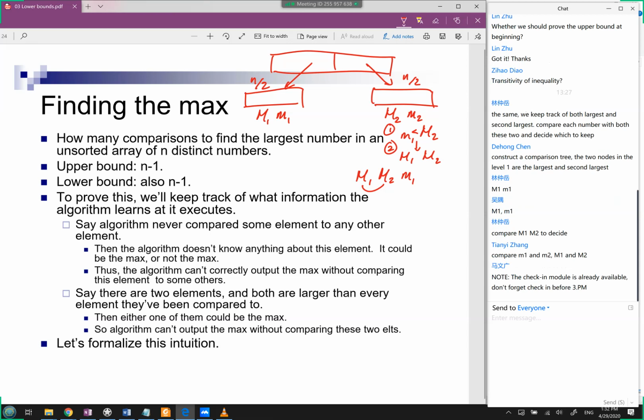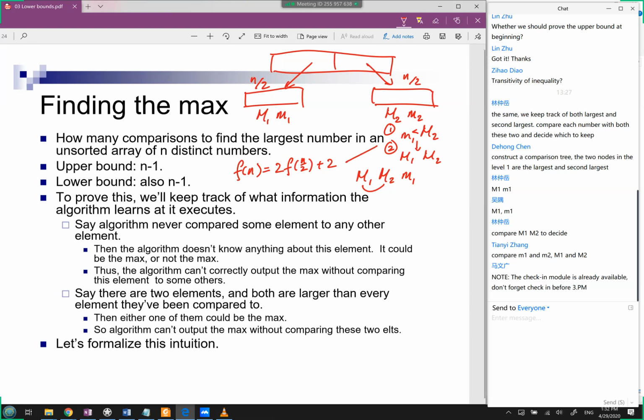Altogether, the complexity of this algorithm is something like this: if you have a list of size n, and the complexity is f of n, then we divide this into two parts, so we have 2 times f of n divided by 2, plus these 2 additional comparisons to combine the two parts.